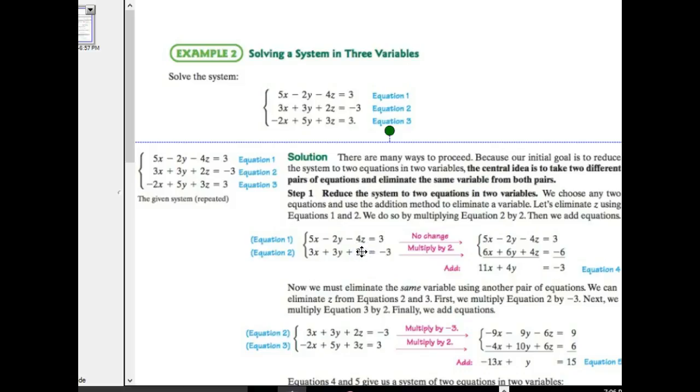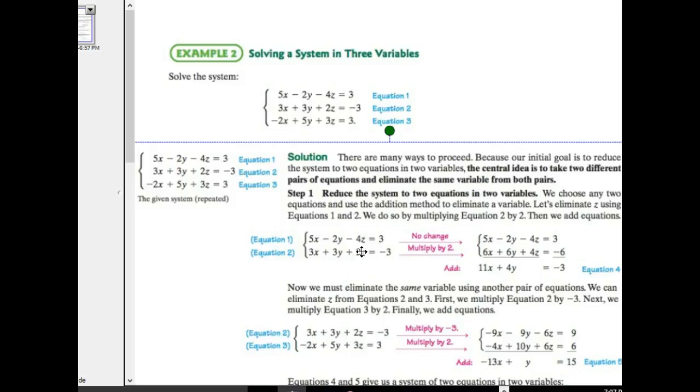Because they're opposites of each other, if I simply multiply this bottom equation by 2 and not do anything to the top, notice that you get 5x minus 2y minus 4z equals 3. That's just the original one on the top. The second one, if we multiply everything by 2, ends up being 6x plus 6y plus 4z equals negative 6.